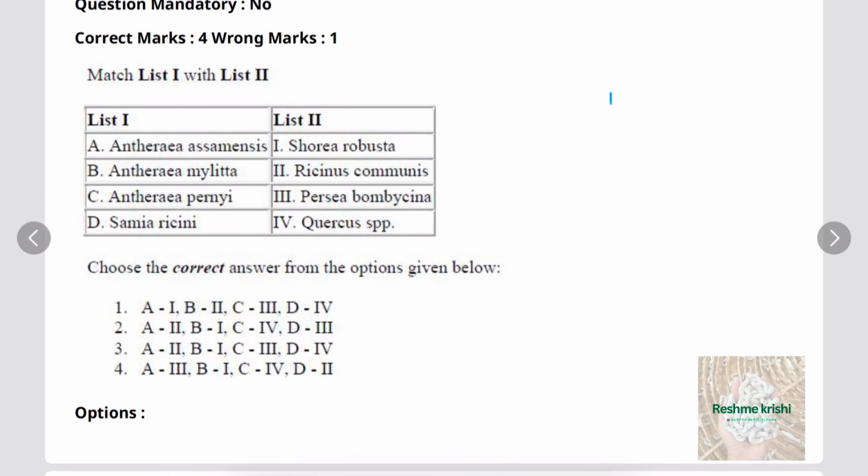Then here you see again the match the following, which is very easy. Antheraea assamensis is called muga. Right. Antheraea mylitta is known as tassar and Antheraea pernyi and Samia ricini is eri. Now they have given here their host, right?